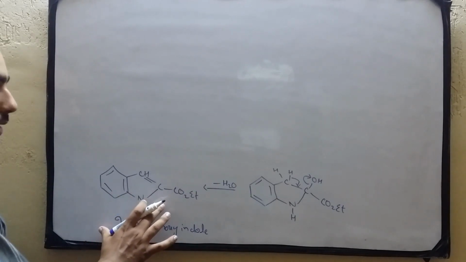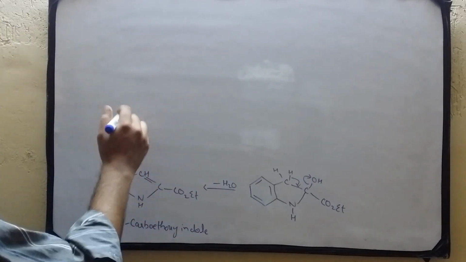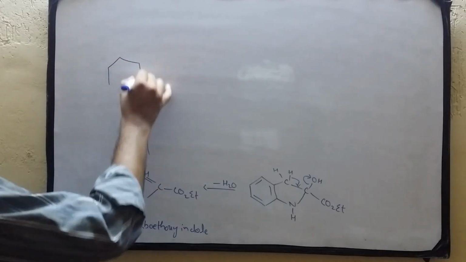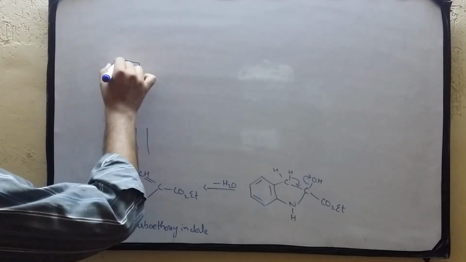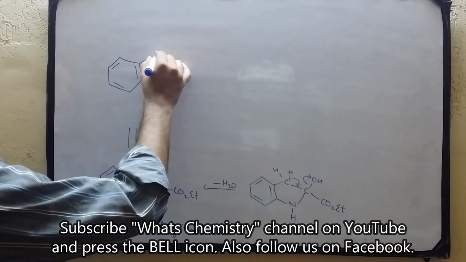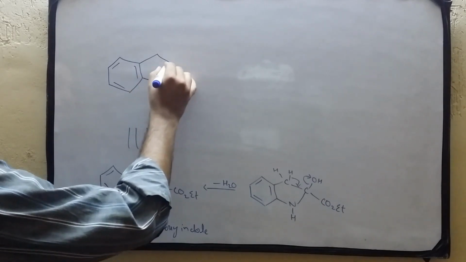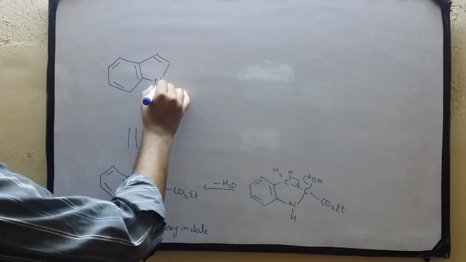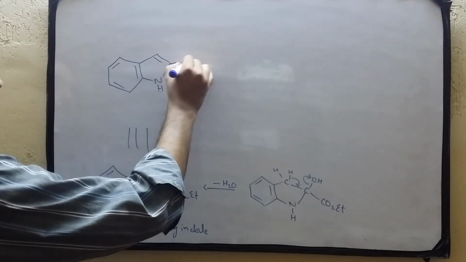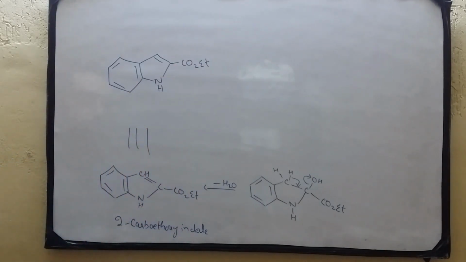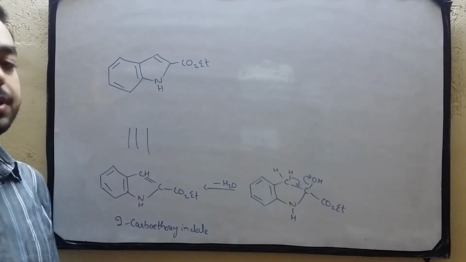And I can also write this structure in this form, and here CO2 ethyl. So it is our 2-carboethoxy indole, and obviously it is our substituted indole.